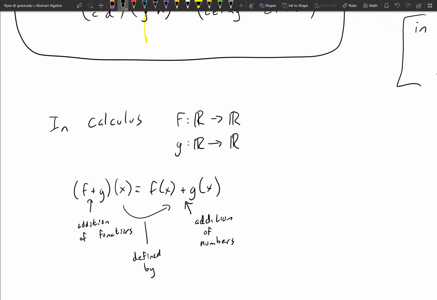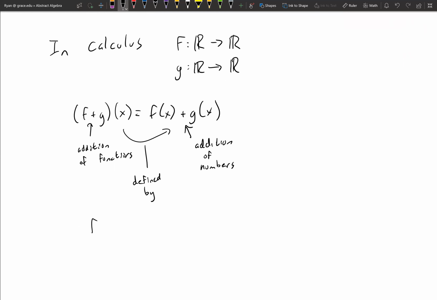And then similarly, you do the multiplication of functions. Multiplication of the functions is defined in terms of multiplication of the numbers. So oftentimes we build more complicated rings using numbers as a starting point.